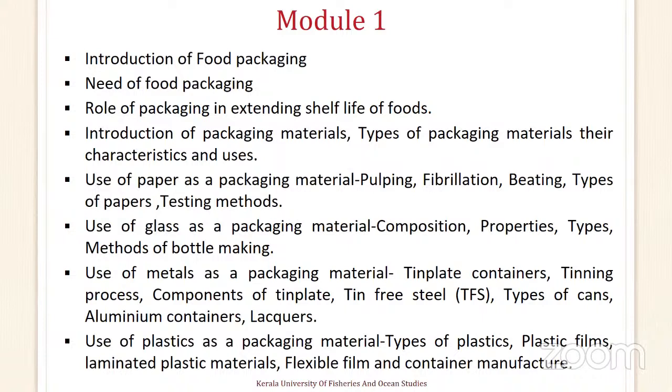Those components were discussed, and then we also saw how the cans are developed, because cans, they have a very important role in food packaging and extending the shelf life. And canned food products, they have a very prolonged shelf life. It may go up to 1 year, but to get a shelf life of 1 year, certain conditions need to be taken care of.